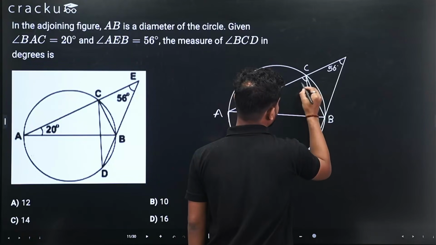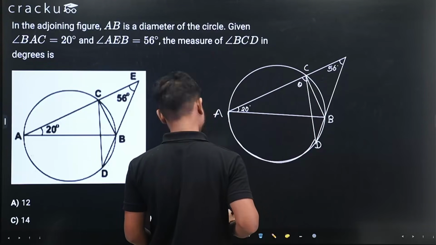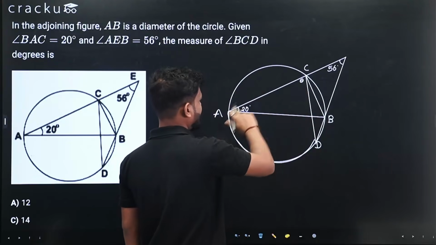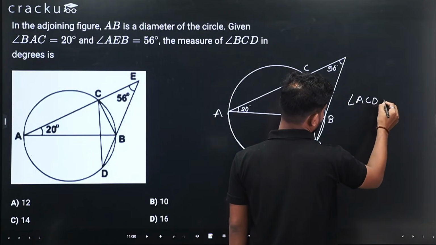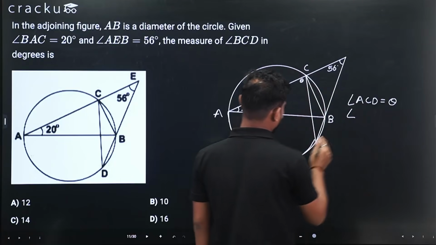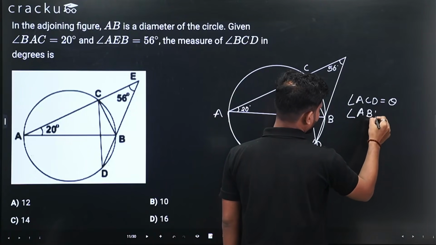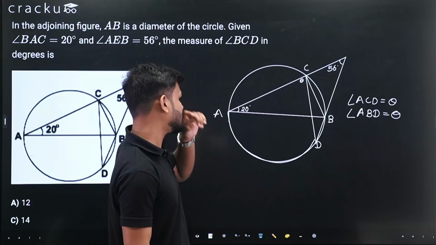So if this angle ACD is theta, then angle ABD will also be equal to theta.